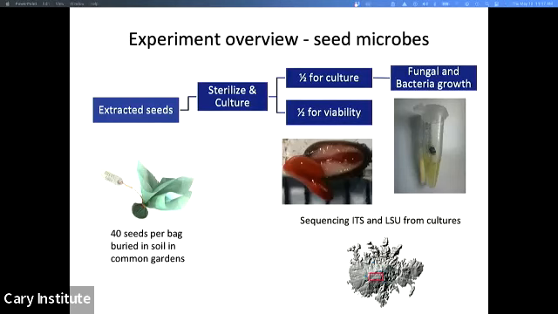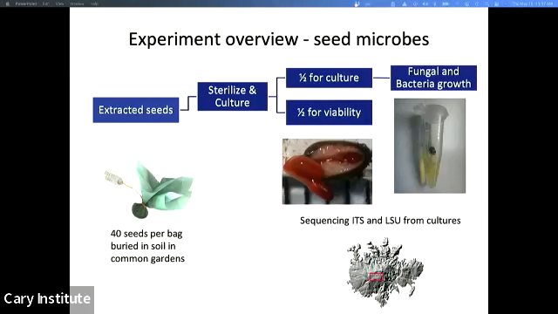And we extracted them little by little in time, okay? And with those seeds that were extracted in the lab, we surface sterilized them, and then each particular seed was cut in half, and one half was used in a culture, and the other half was used to assess seed viability, using a colorimetric test.